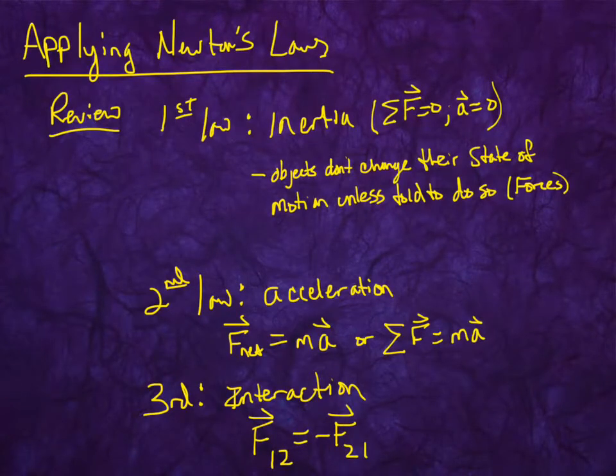The third law is the law of interaction, and that is the force that one object has on a second is equal to, but opposite in direction, to the force the second object has on the first. Okay.